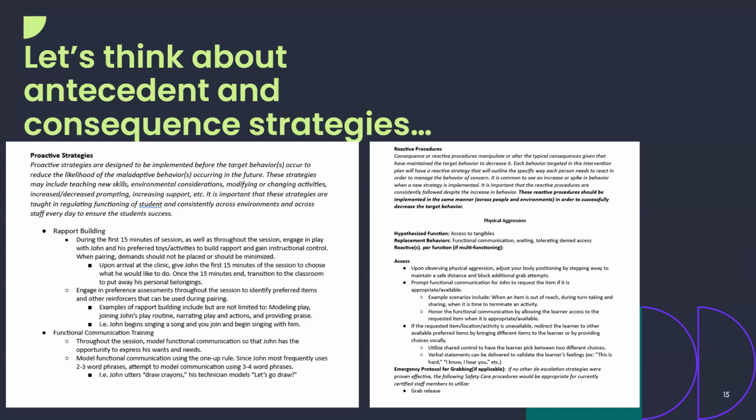So upon observing the physical aggression, we're going to adjust our body positioning by stepping away to maintain a safe distance and block additional physical aggression attempts. We would then prompt some functional communication for John to request the item if it is available. And if it's not available, we try to redirect to some other available preferred items, either by bringing the items to him or by providing the choices vocally.